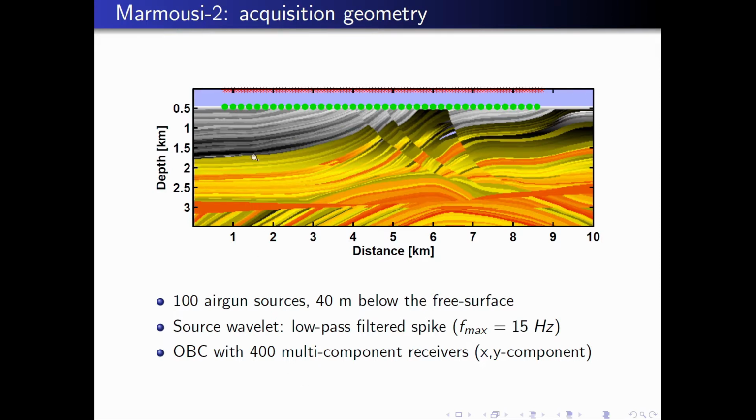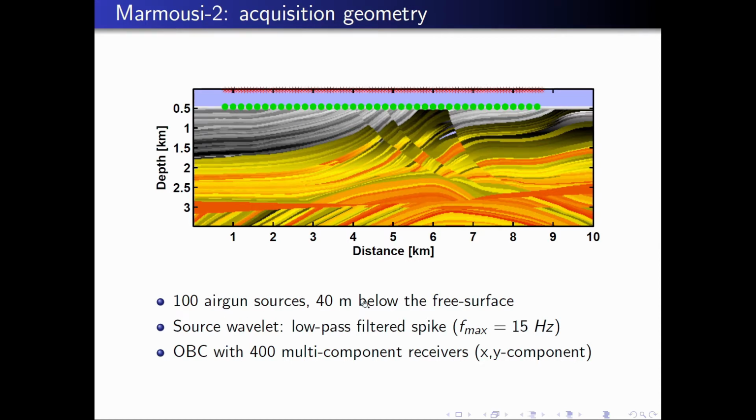And in this case, we assume that we have 100 airgun sources in the water column, to be more precise 40 meters below the free surface. So we are assuming that a ship is traveling here on the free surface and is exciting the airgun every 80 meters, I think, along this profile.